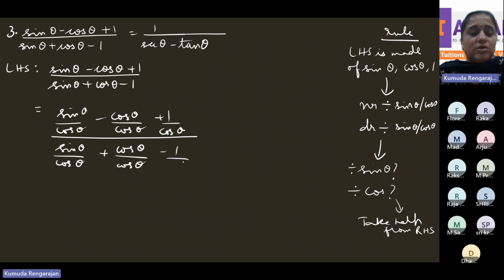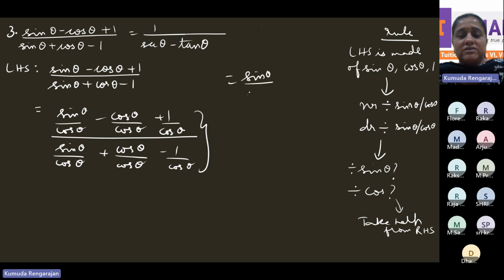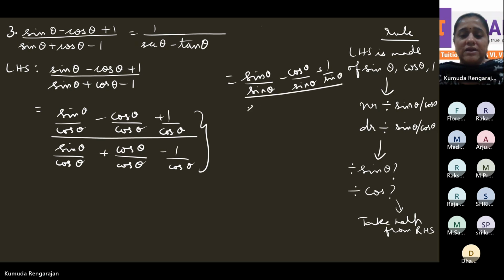I've divided the numerator and the denominator by cos theta. Now dividing by sin theta means sin theta by sin theta minus cos theta by sin theta plus 1 by sin theta. You should divide both the numerator and denominator by sin theta. You can do one of these.